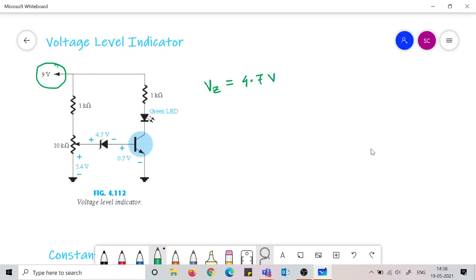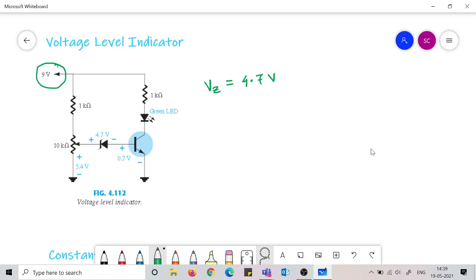This is what we actually do, because Zener diodes come with different Zener potentials. So we choose something which is around 4.7 volt. I think that this is a standard Zener diode where the Zener potential is like this, and then we establish a 5.4 volt at this point by adjusting the potentiometer very close to 5.4 volt.